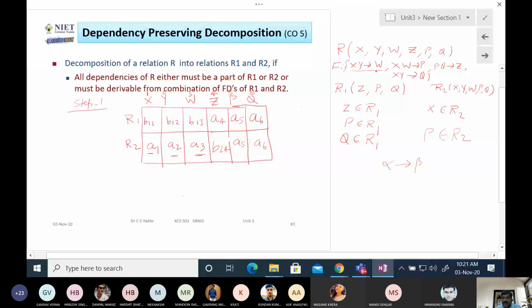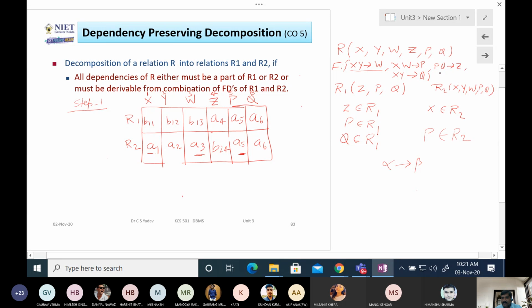Then we will check XW determines P. Again no rows have equal alpha, so this is not useful.